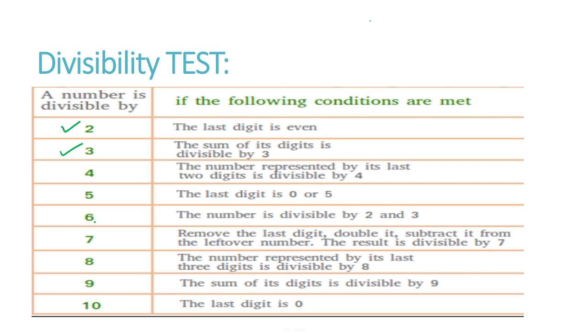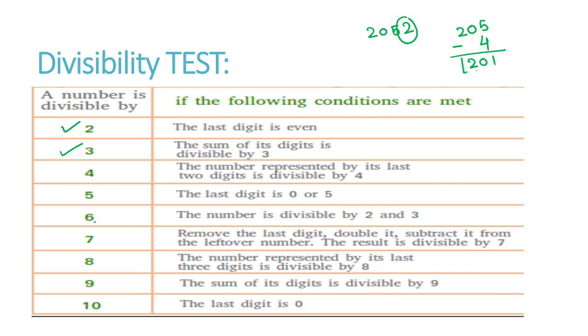I give you a random number like 2052. I want to check whether this number is divisible by 7. The test tells us you have to take the last digit, double it, so it is nothing but 4, subtract it from the leftover number, that is nothing but 205. What is left is nothing but 201.